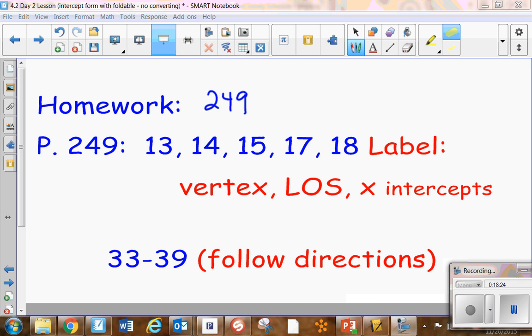No, just 5 graphs. Yeah, 5 graphs. So these are pushable graphs. And we label your vertex minus the 3 intercepts. And then I believe these are the value ones where it wants the value and output and maximum or minimum value. These are real short. These are ones you need.